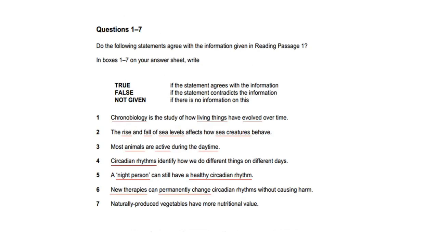Then go back to the question paper and read statement 7. Now let's look at statement 7. Statement 7 says, naturally produced vegetables have more nutritional value. Again, underline any keywords in the statement. I would underline naturally produced vegetables and more nutritional value.